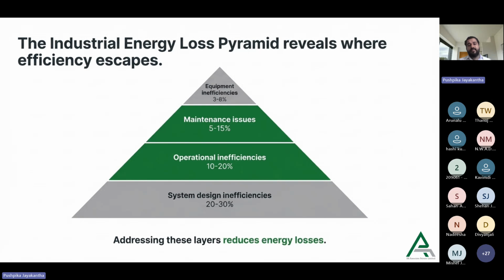The third one is maintenance issues. Maintenance is one of the most important parts of energy performance improvement because poor maintenance increases friction, pressure losses, and heat transfer problems in systems. Maintenance-related inefficiencies gradually increase energy consumption and may also reduce equipment lifespan.